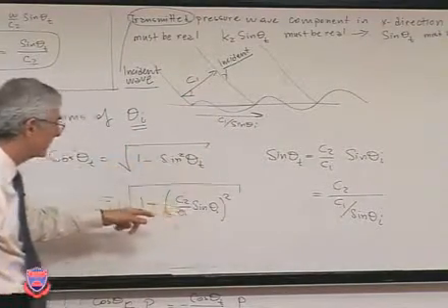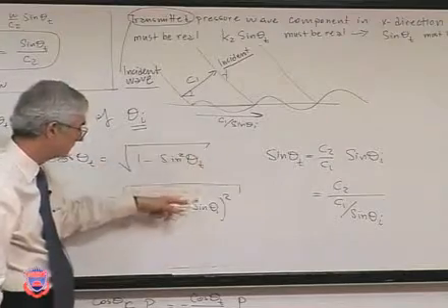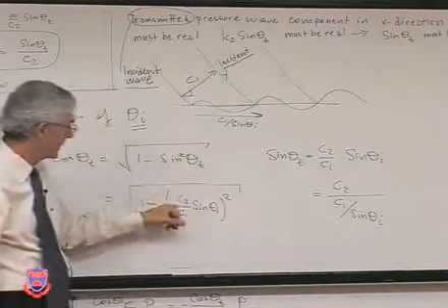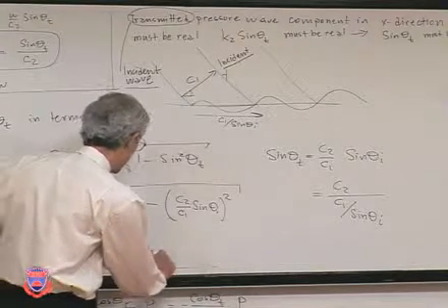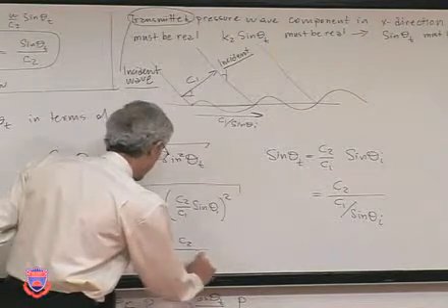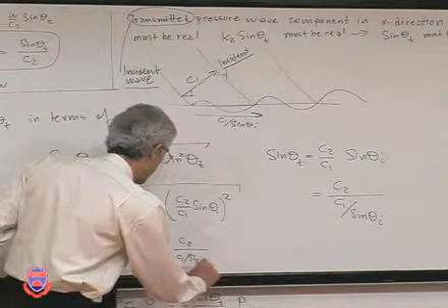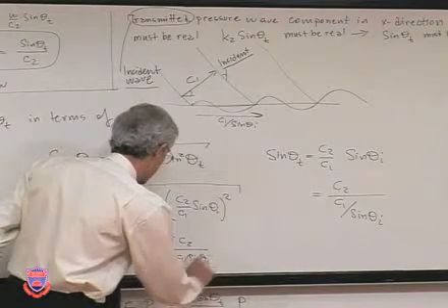That's the ratio. Let me just rewrite it one more time, c2 divided by c1 sine theta i.